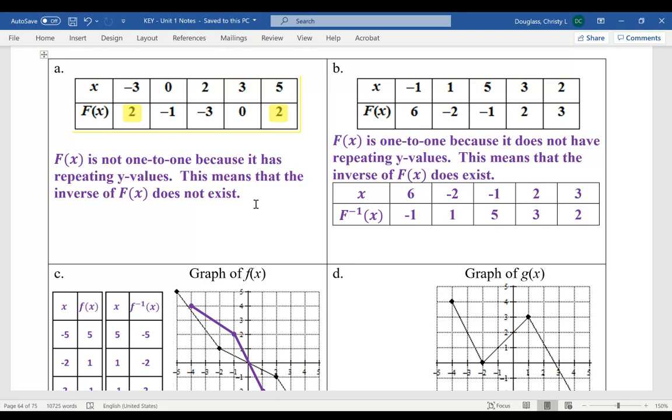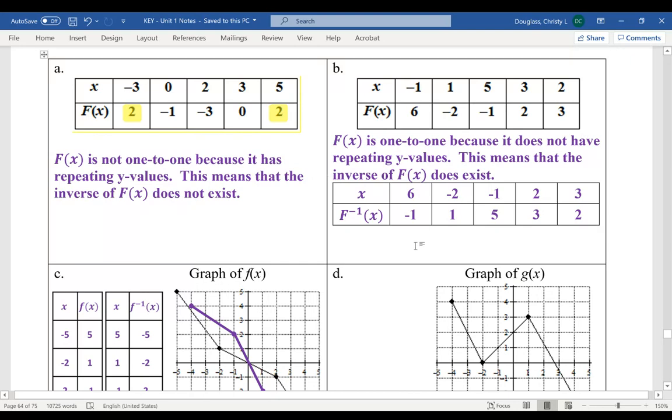In example B, we have a table of values where the x values do not repeat, of course, as is the case with any function. And also the y values do not repeat. So for this discrete function, we are able to find the inverse. We would say that f of x is 1-to-1 because it does not have repeating y values.